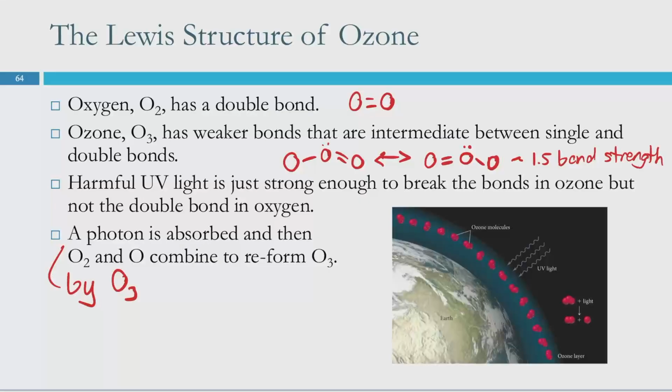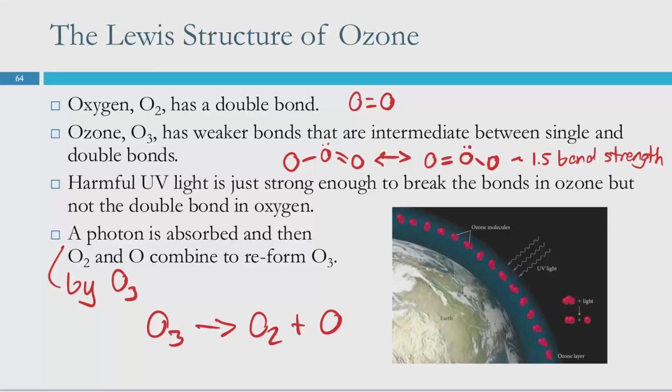So when a photon is absorbed, it breaks the ozone. It breaks the O3. Why does it say combines? In a later step, the oxygen and atomic oxygen can recombine to form ozone.